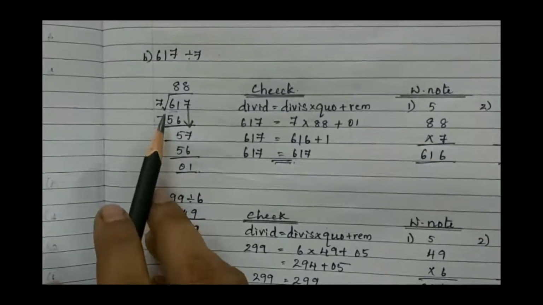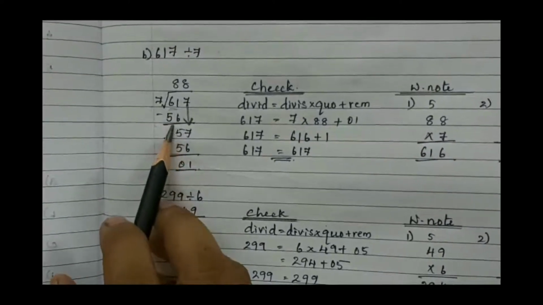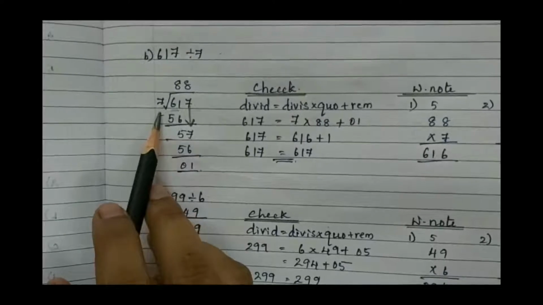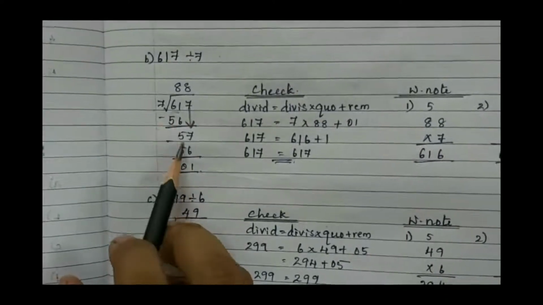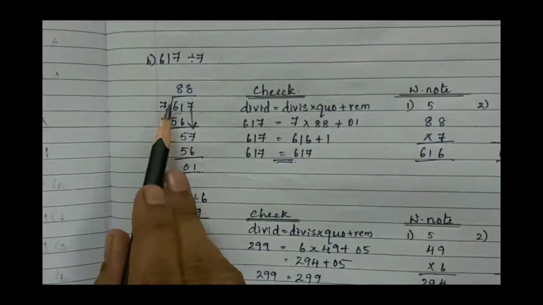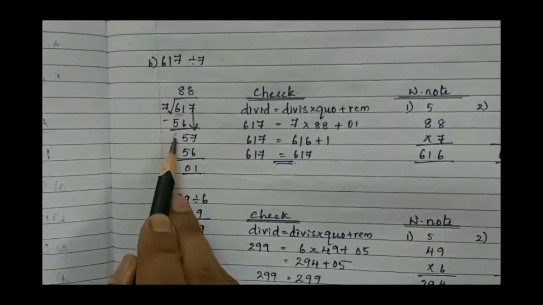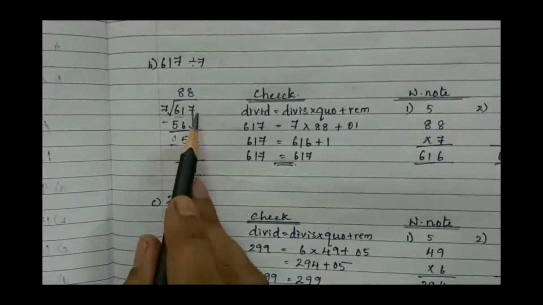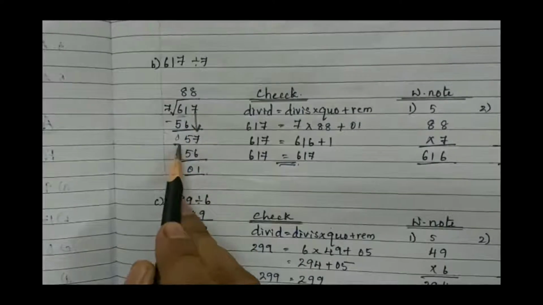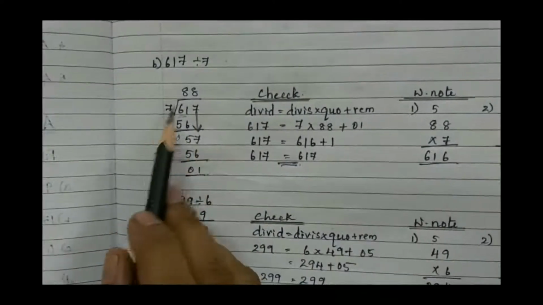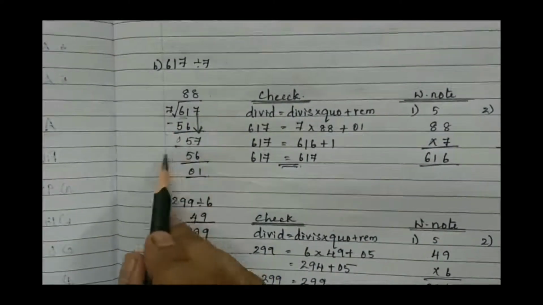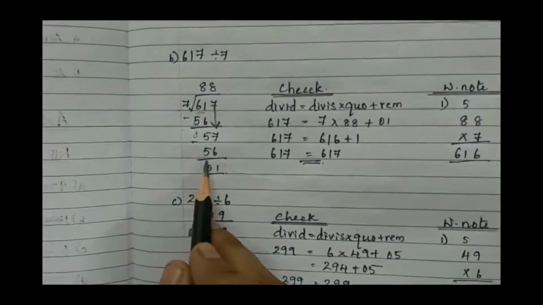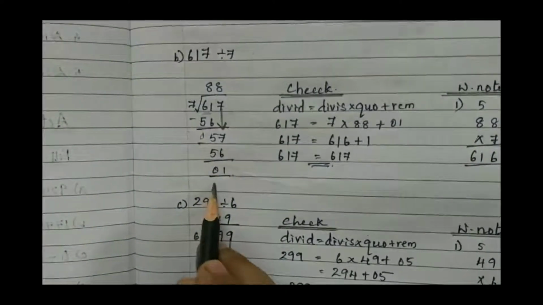So subtract it. 1 minus 6, it's not possible. So borrow from the tens, it becomes 11. 11 minus 6, 5. Your above will be 5. 5 minus 5, it is 0. Bring the next number, that is 7. 57. 7 8s are 56. 57 minus 56, it will be 1.